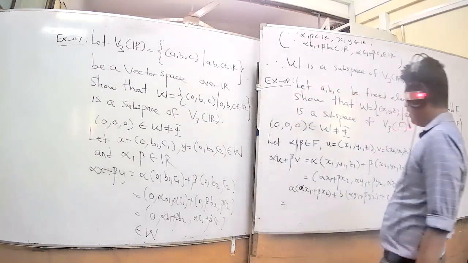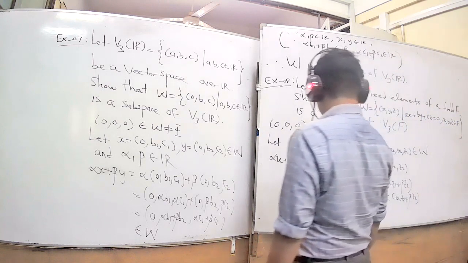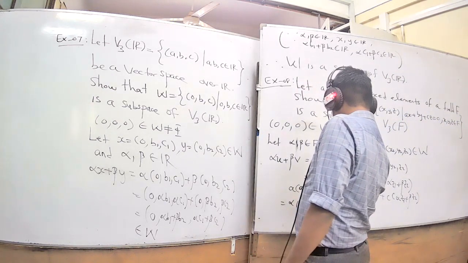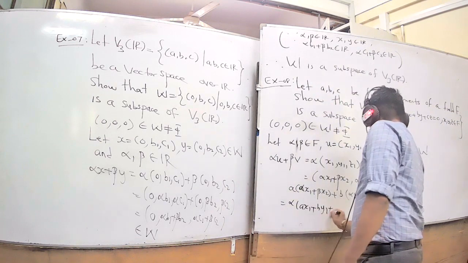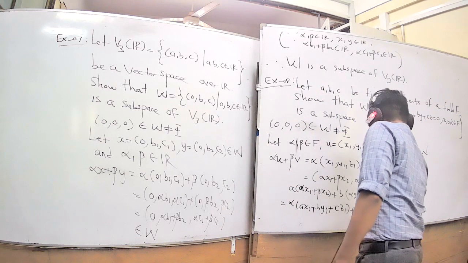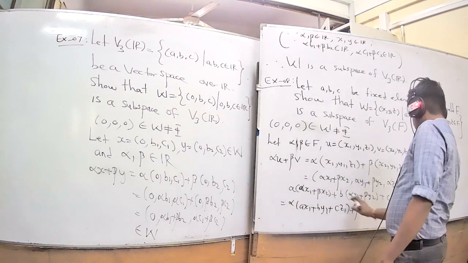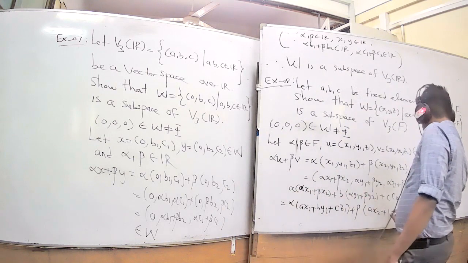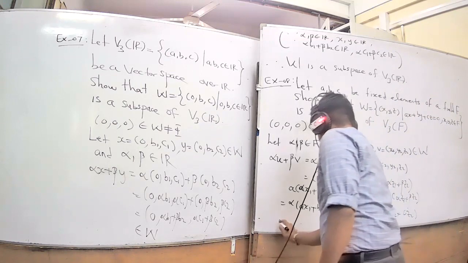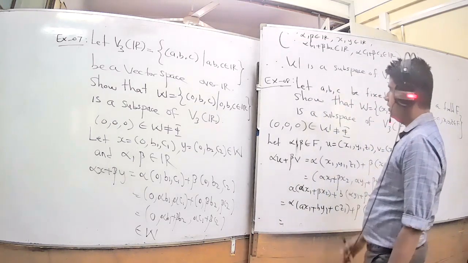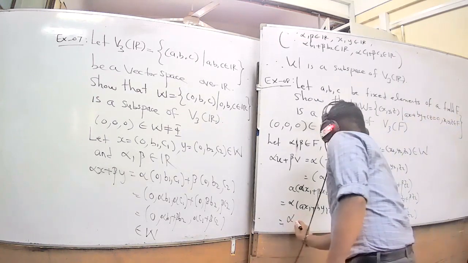Taking alpha outside, you get a x1 + b y1 + c z1. Taking beta outside, you get a x2 + b y2 + c z2. Here (x1, y1, z1) and (x2, y2, z2) belong to W, therefore they satisfy a x1 + b y1 + c z1 = 0, so this is 0.